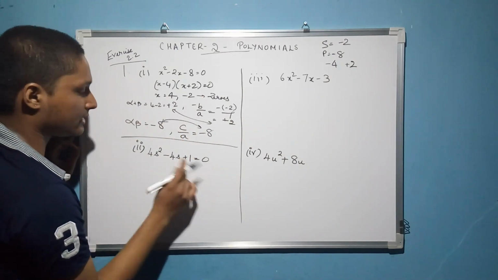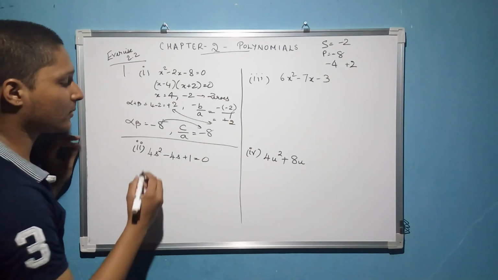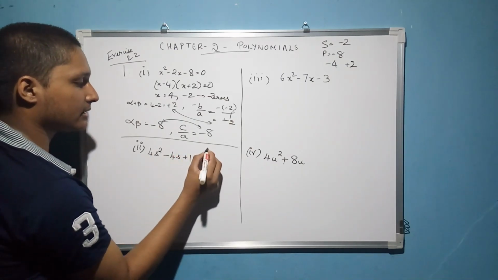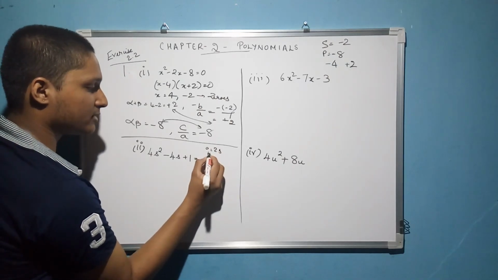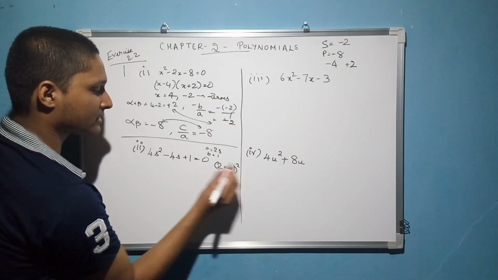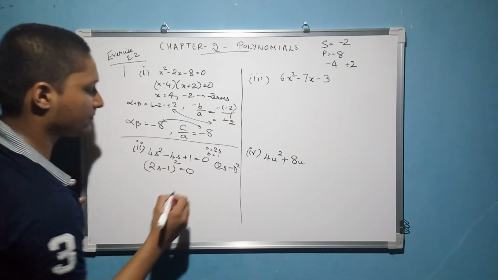This you have to equate it to 0. This looks like a square minus 2ab plus b square term. For that, where a is equal to 2s and b is equal to 1, it is 2s minus 1 whole square. This comes to be 2s minus 1 whole square is equal to 0.